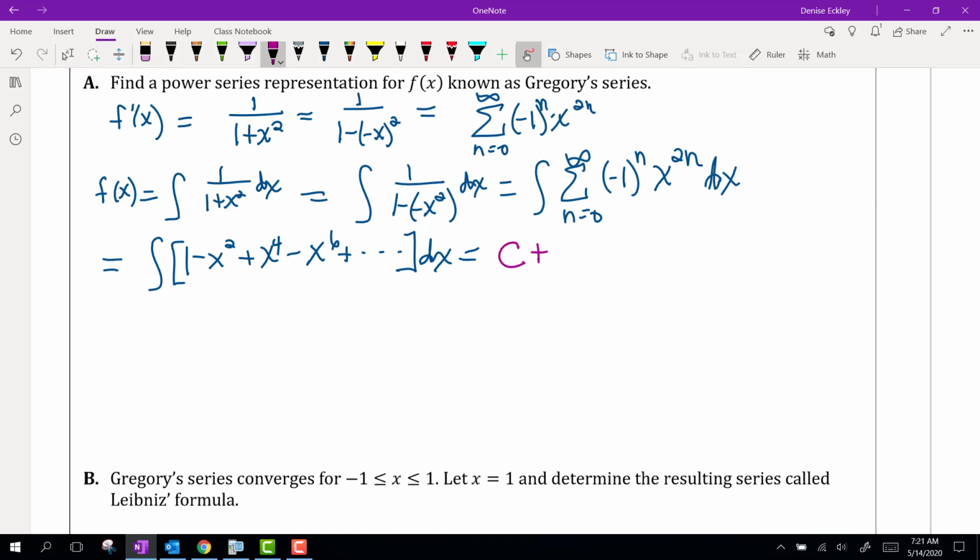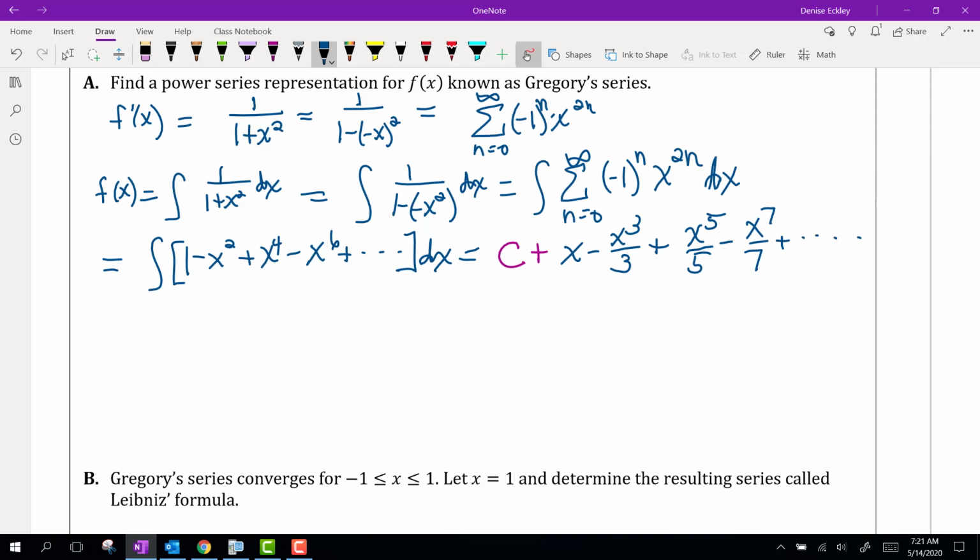I'm going to put our constant of integration in the front. We're going to ignore it after a while, but I just don't want you to forget that it's there. So we have x minus x to the 3rd over 3 plus x to the 5th over 5 minus x to the 7th over 7, and on and on.